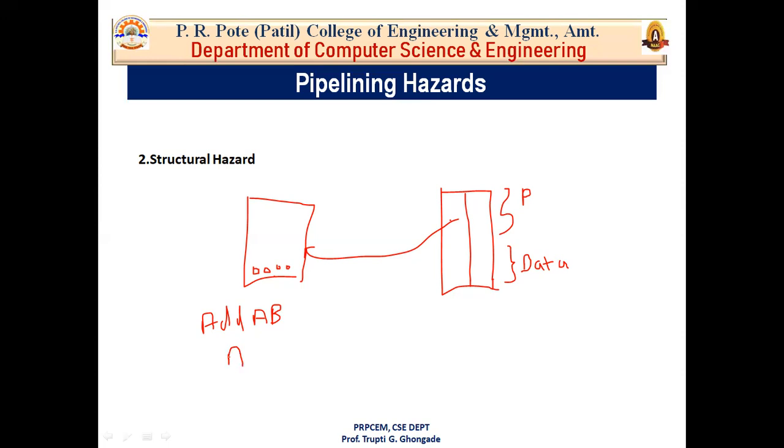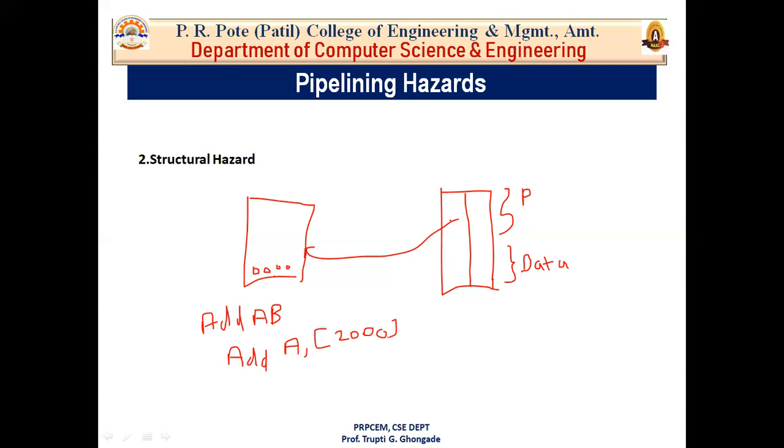If my instruction is the simple instruction add A comma B, and A and B are available in the register, fine. But if the instruction is add A comma [2000], this means the location 2000.